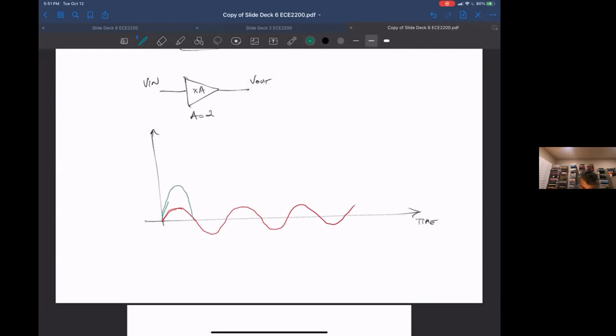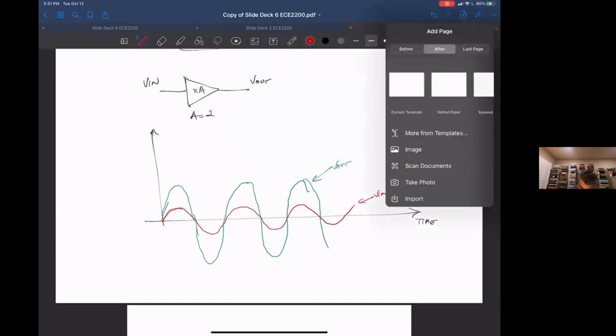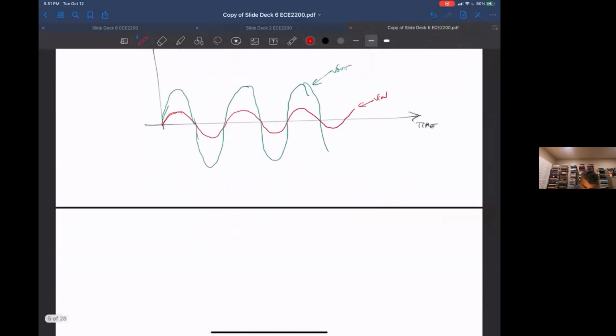There are a lot of other things, second order effects and stuff like that, but this is kind of what it would look like. So this would be V out, and this would be V in. Okay.